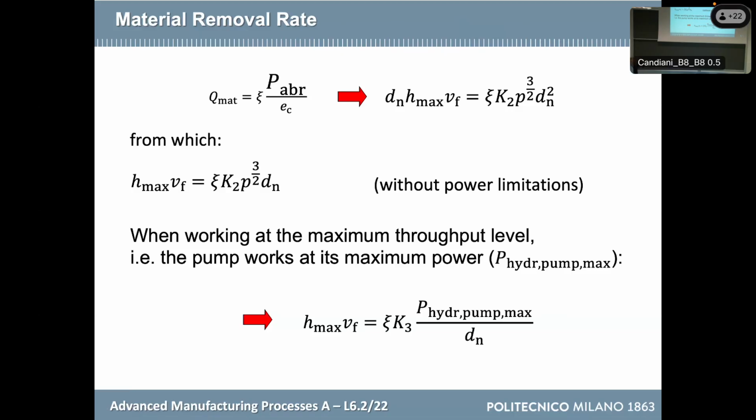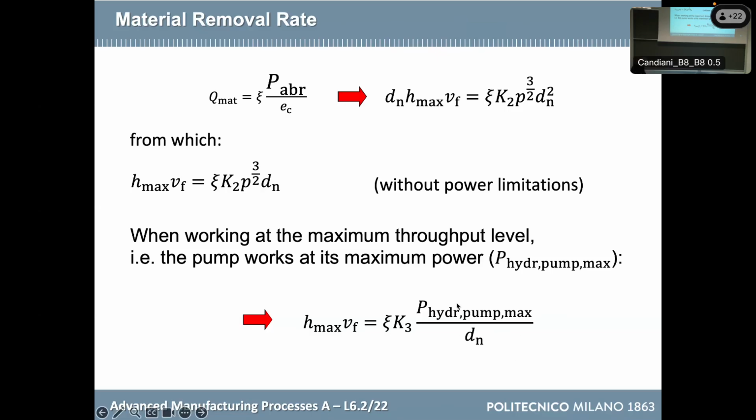So it is worth making a reasoning on this, because there is something I haven't said clearly until now, but now it is the time for discussing. Because if we accept that the power is constant, it seems that this equation is suggesting me to reduce the diameter of the orifice in order to increase the cutting performance, right?